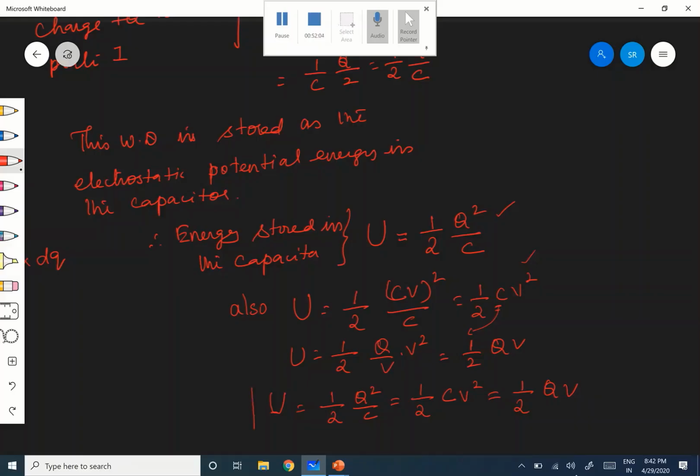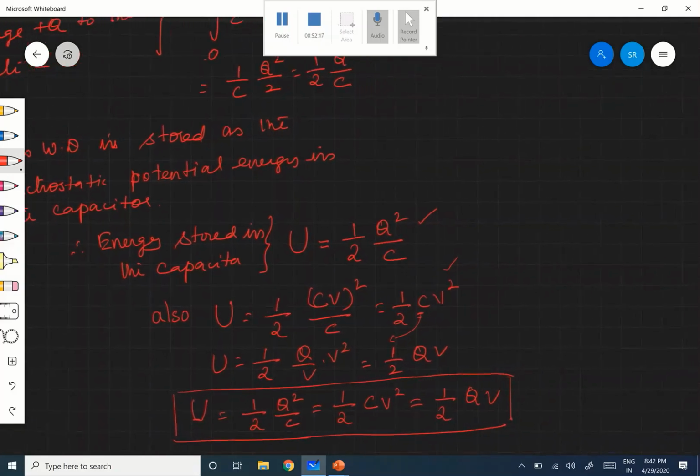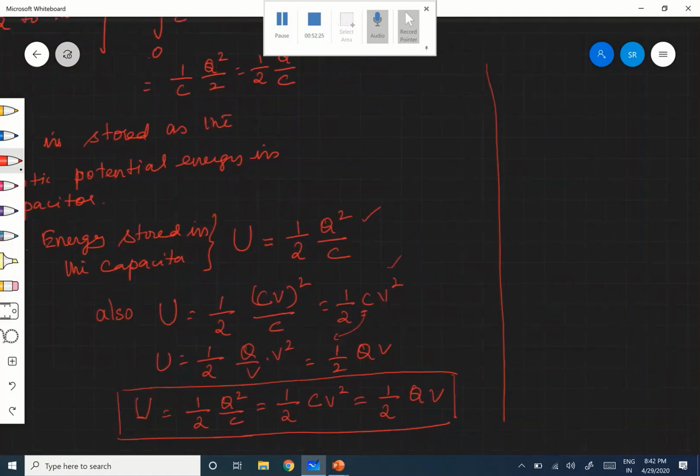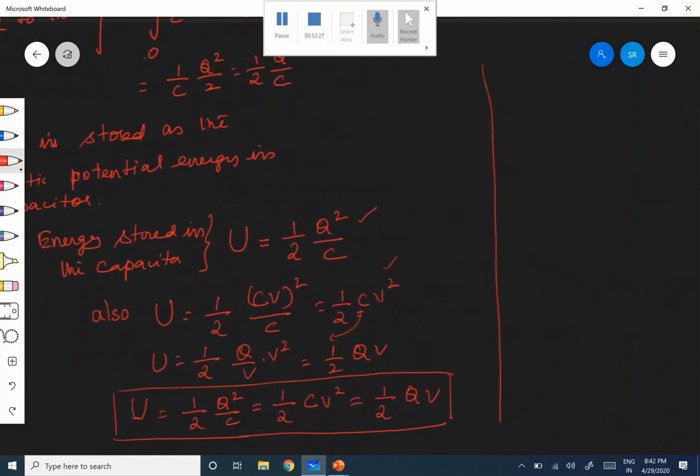Okay, so this is the relation required. The same thing you can also find from the graph. From the graphical method also you can find the energy stored. How? By plotting the QV graph, you know that V is proportional to Q, no?